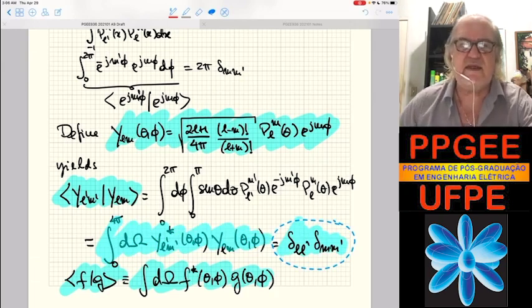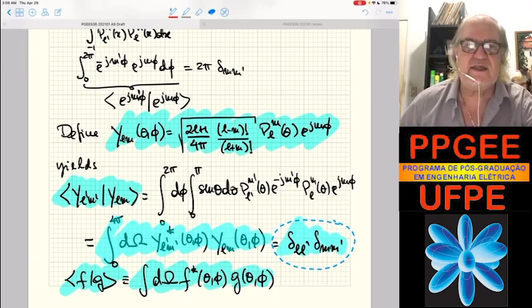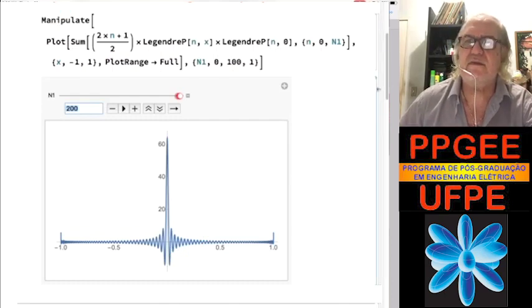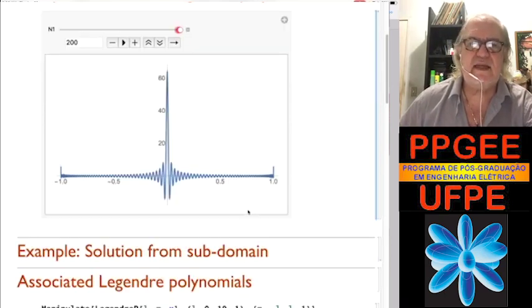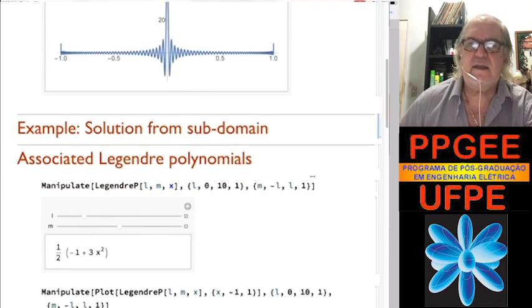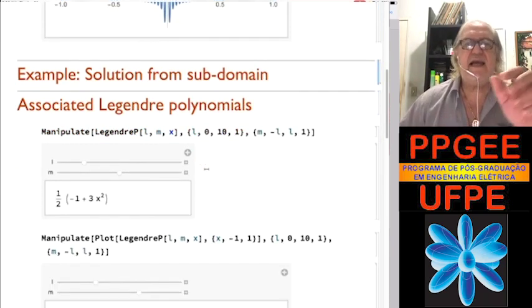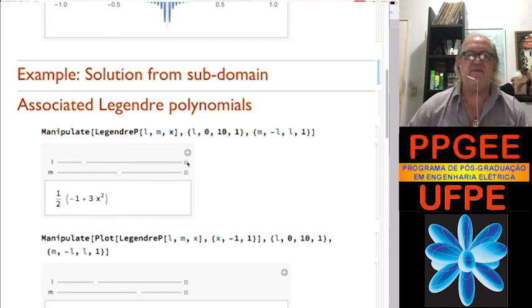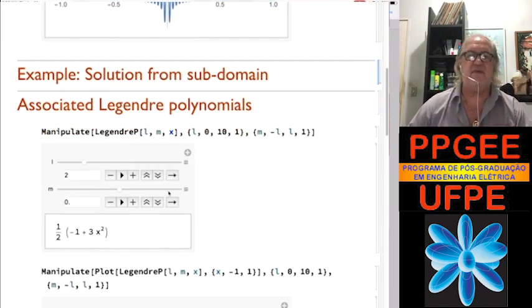Before I go to the spherical harmonics, let me go to the Legendre polynomials. Just to take a look at these, well, these are associated Legendres. A couple of those, let me just show you some of those.